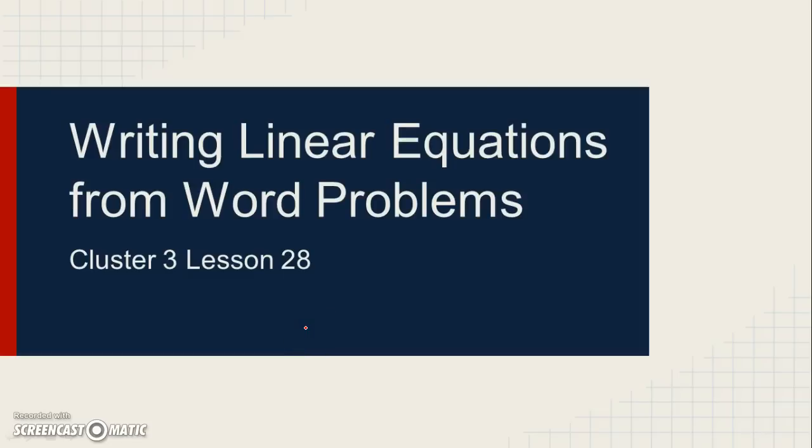So we're going to talk about writing linear equations from word problems. There are two ideas we've used in the past that are pretty important here. So first off, we have slope, which is the same thing as our change in y over our change in x, which sometimes we just say rise over run.